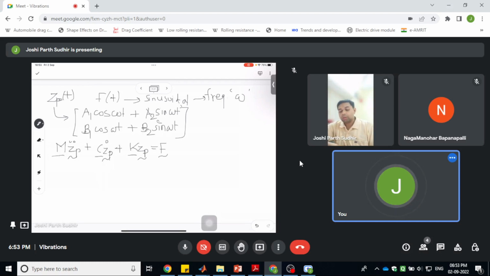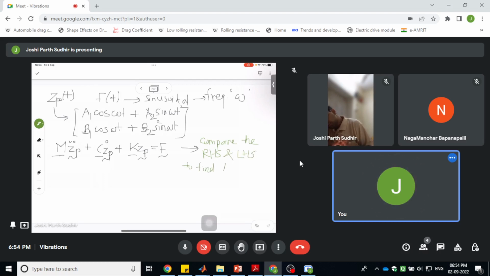So if we solve this differential equation, we will get a set of two. If we compare the RHS and LHS to find a1, a2, b1 and b2, we compare the coefficients of the left hand side and right hand side.